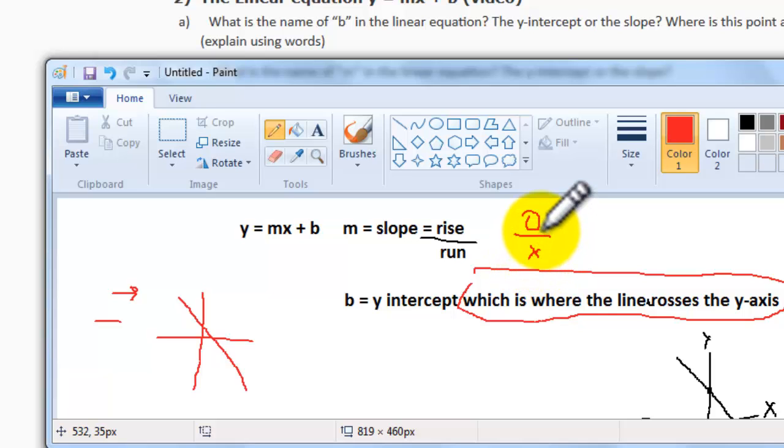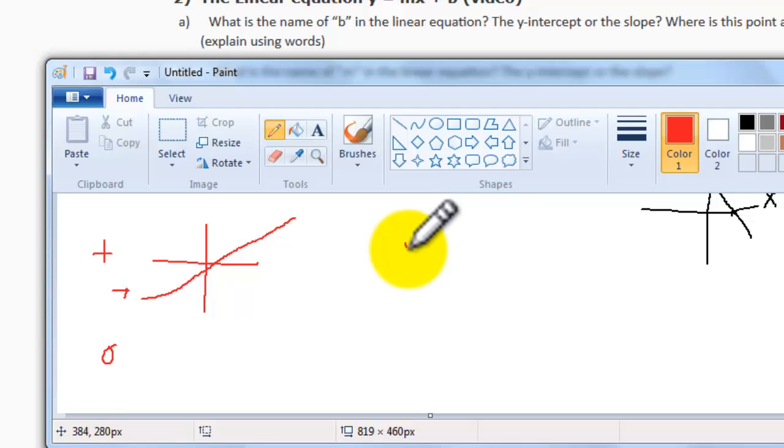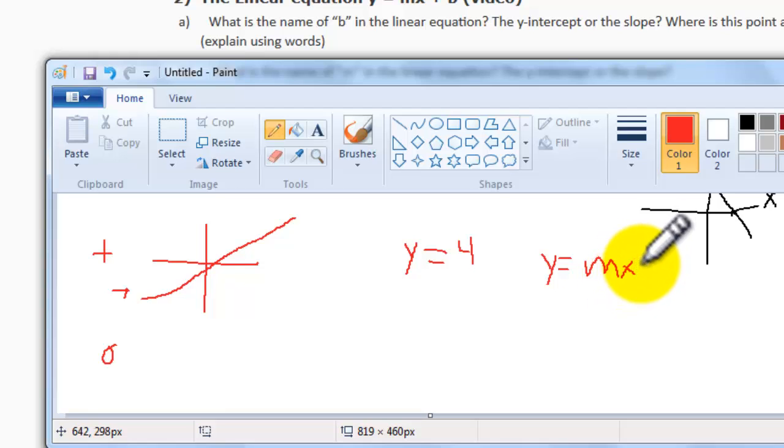So if you have y equals 4, this is going to be an example where slope is 0, because in the formula y equals mx plus b, if the slope is equal to 0, that means the x value is gone and you have only a y-intercept. So this becomes the y-intercept.